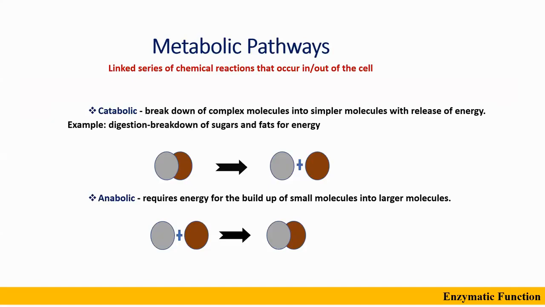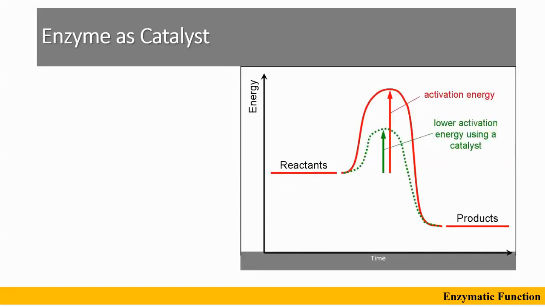A typical example of a catabolic reaction is the process of digestion. An example of an anabolic reaction is the growth and bone mineralization within the cells of the human system. Energy is needed for any chemical reaction, and the energy needed to initiate the chemical reaction is referred to as the activation energy.